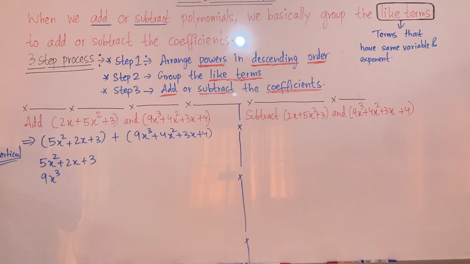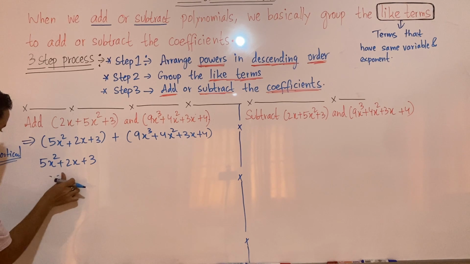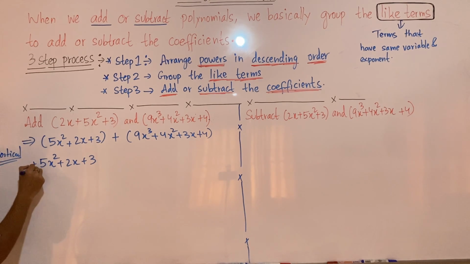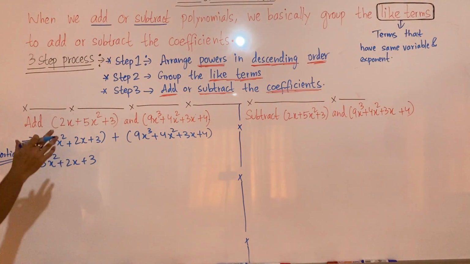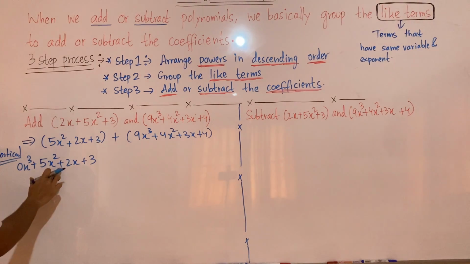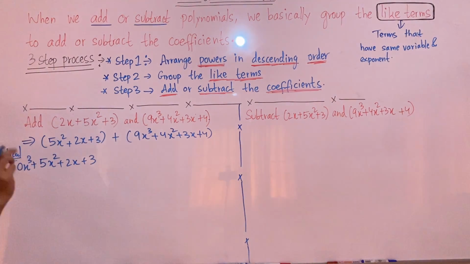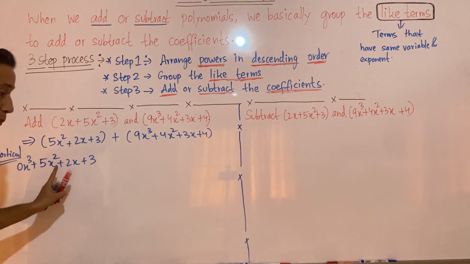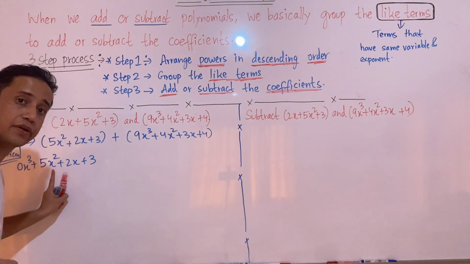Okay, so can I write here 0x cubed? Now see here, I did something in this expression to make this expression look like this without changing the nature of this expression. I'm not changing the nature of this expression, okay?